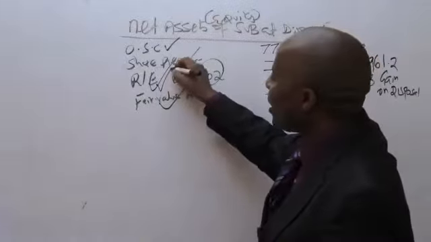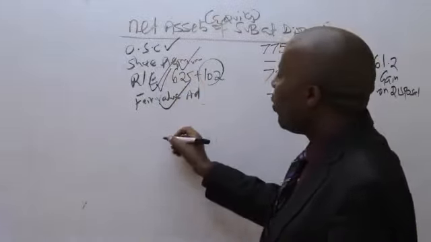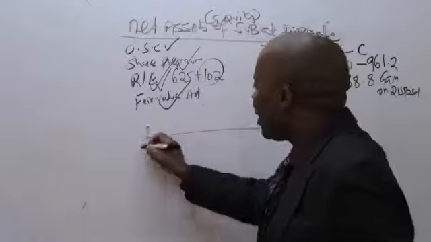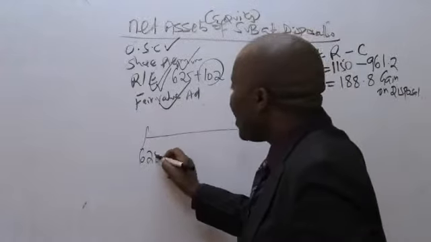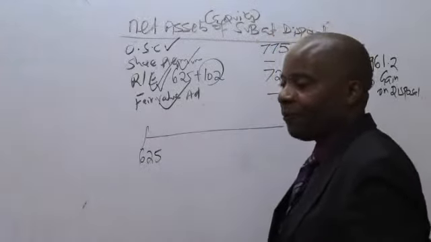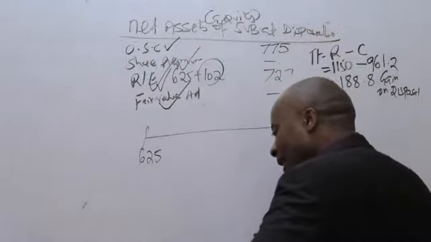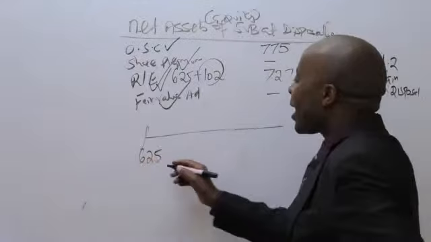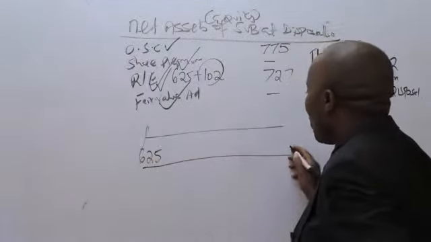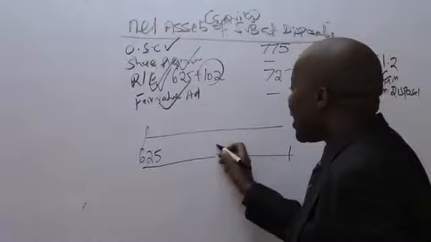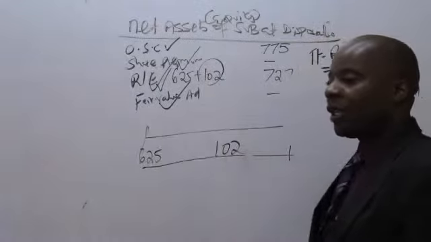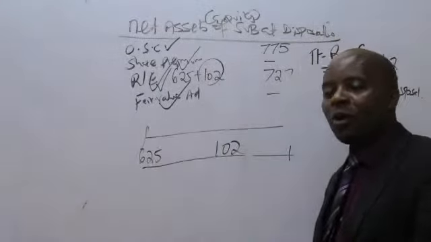So retained earnings, Mary is asking why add. When we bought this company, we bought it having retained earnings of 625. So this 625 retained earnings at the beginning, the company was not asleep the whole year. It went ahead and made a profit, a comprehensive income of 102.